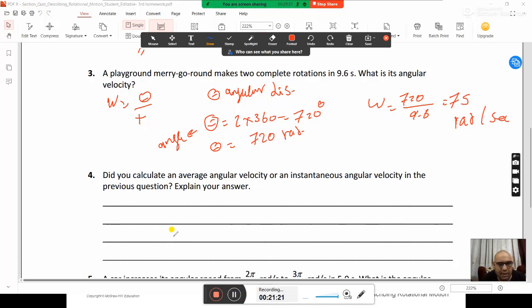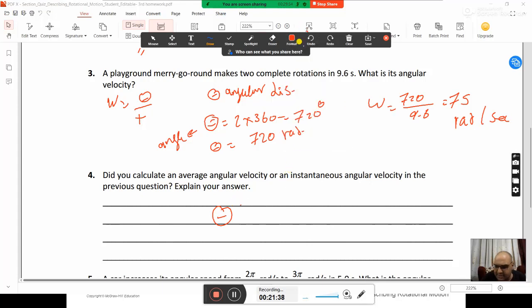For the fourth question, did you calculate an average angular velocity or an instantaneous angular velocity in the previous question? In the previous question, we found the value of total theta. Theta here is called the angular displacement.